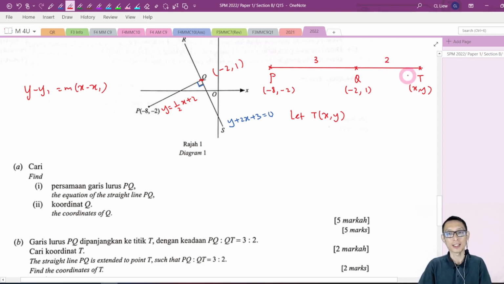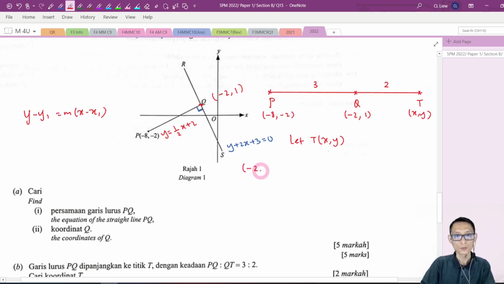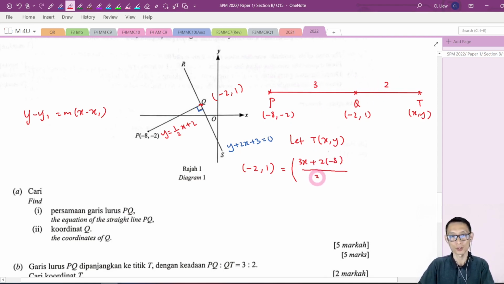Now, how do we get the coordinates x and y? I hope that you still remember the formula to find the coordinate of a point dividing a line segment. Negative 2, comma 1 is equal to 3x plus 2 times negative 8 over 3 plus 2.